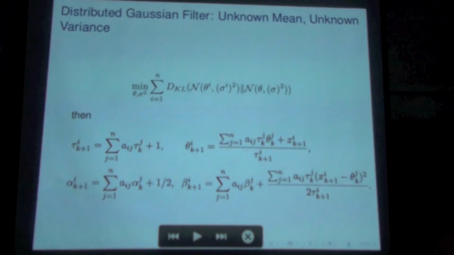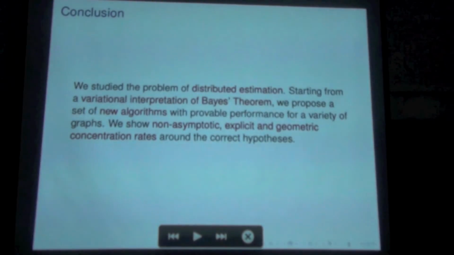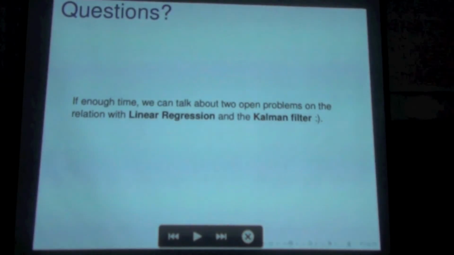The theorem is also general, so we also know the convergence rate and the dependency on the graph structure. So this is the main result. For the problem of distributed estimation, we start from a variational interpretation of Bayes' theorem, and we propose a set of new algorithms with provable performance, and we also show non-asymptotic rates for concentration around the correct hypothesis.